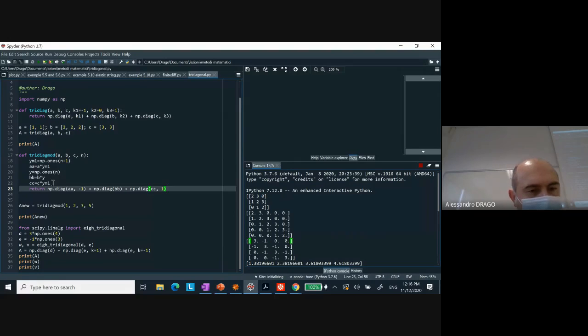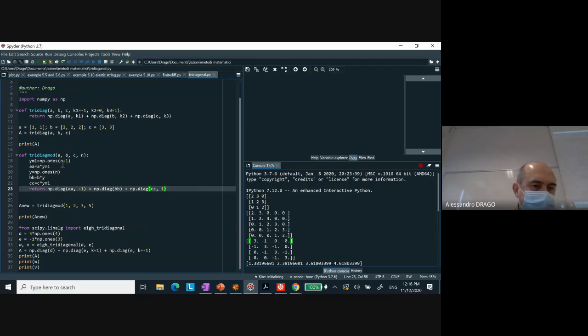I don't need to introduce a y plus 1, because I am concentrating just on the specific case in which I have just the upper and the lower diagonal, and they have the same length, which is n minus 1.